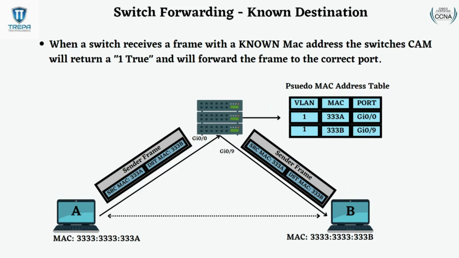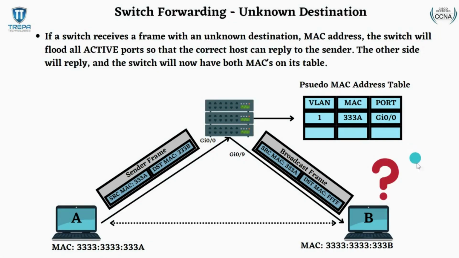Well, now what happens if we have an unknown destination MAC address? So let's say we have computer A and computer B here, and computer B is not in the MAC address table. Well, what are we going to do? So when computer A sends that frame out, switch 1 is going to receive it, and it's going to say, whoa, I don't know where that destination MAC address is.